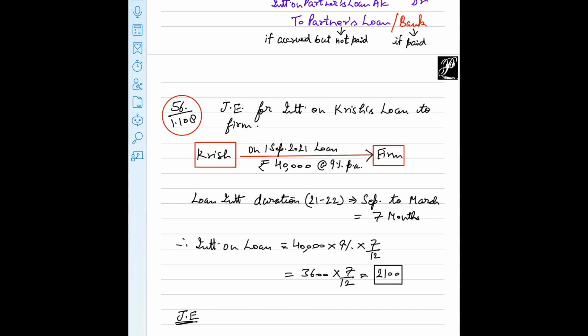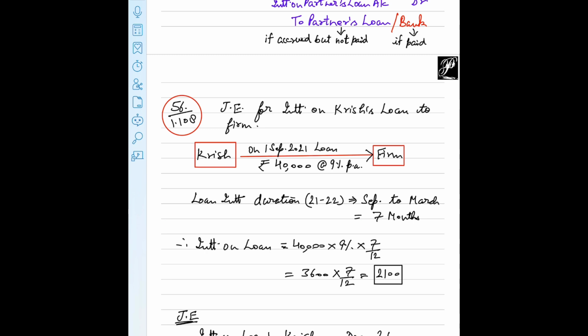Journal entry shall be interest on loan by Krish debit to loan by Krish account 2,100.